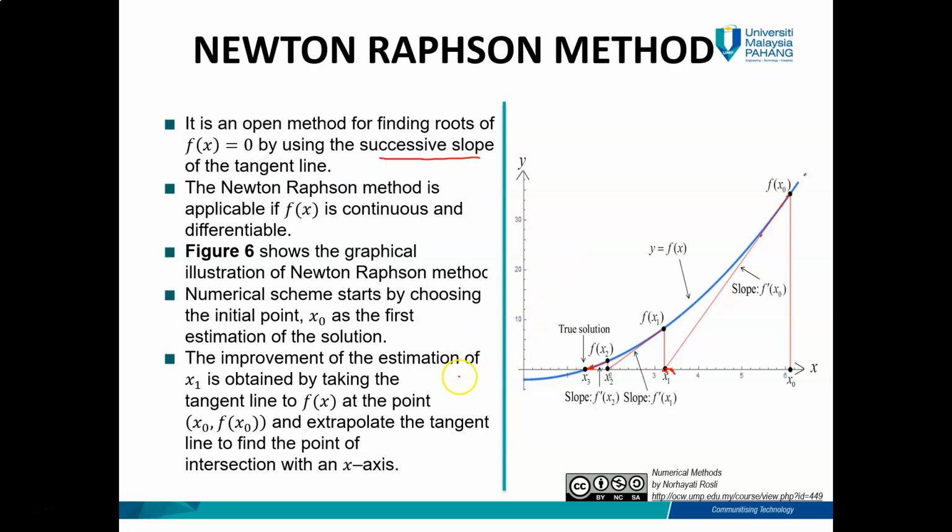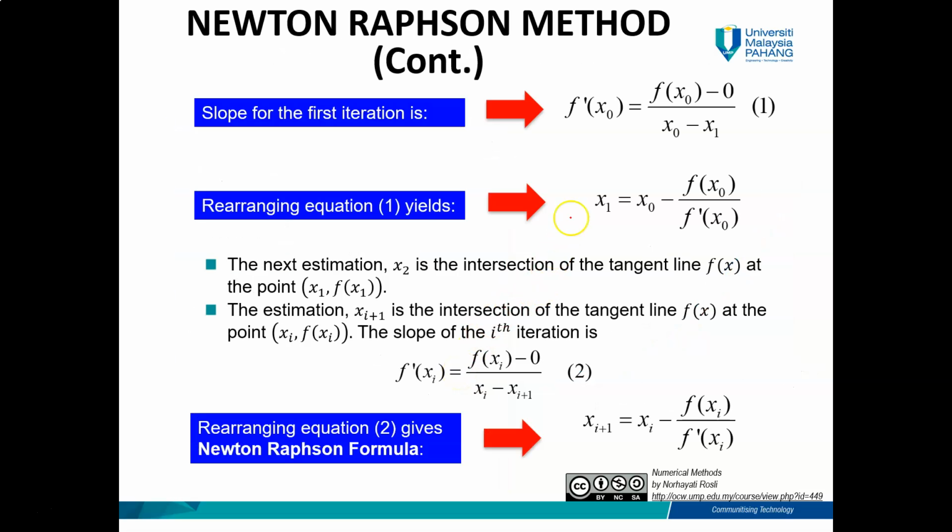So class, how can we estimate the root using this concept? We need to use the slope, meaning the slope of the tangent line. Because we have a tangent line, we will compute the slope. For the first iteration, we can compute the slope using f'(x0) equal to (f(x0) minus 0) divided by (x0 minus x1).